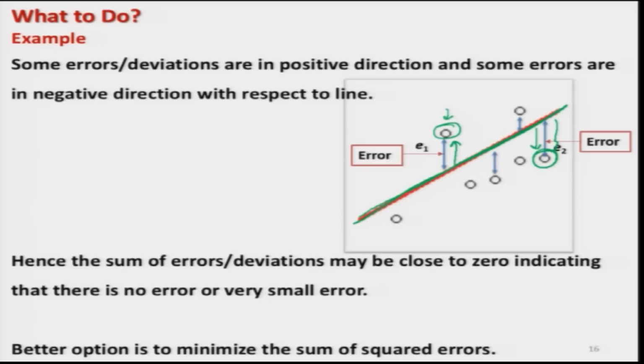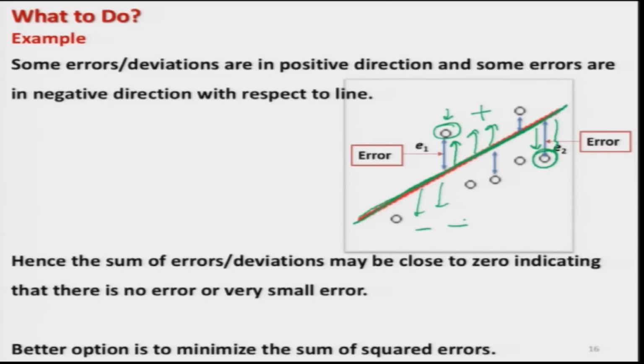So now we need to measure the direction of the points, whether they are lying above the line or below the line. We assign a plus sign to all the points lying above the line, and a negative sign to all the observations lying below the line.